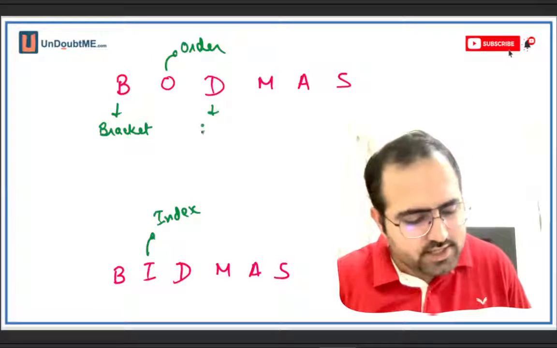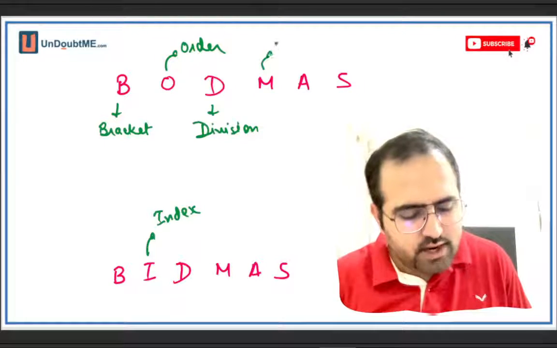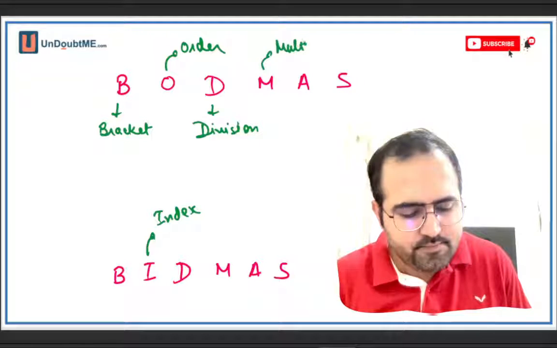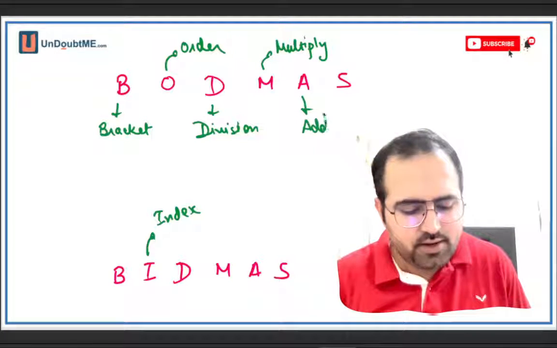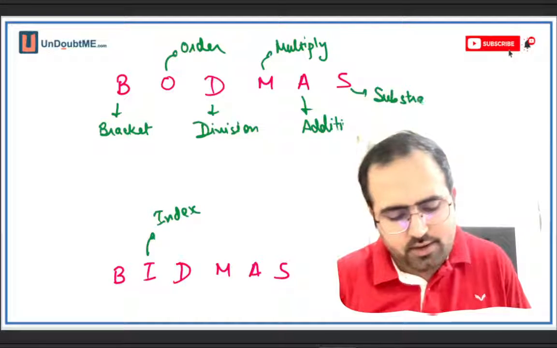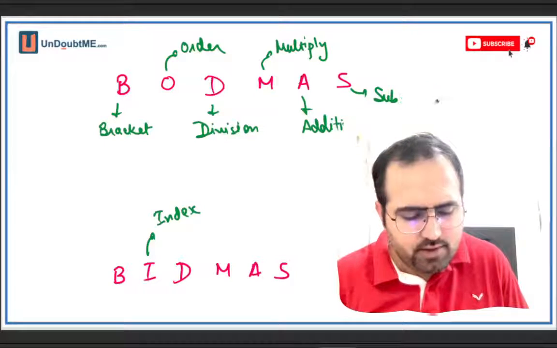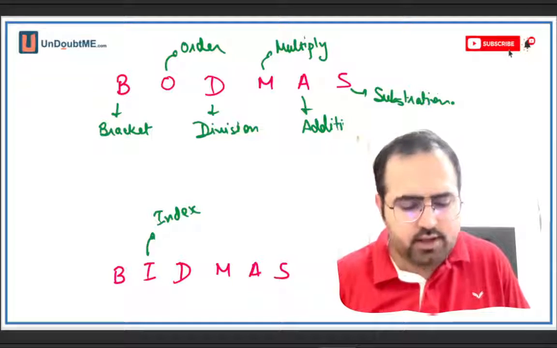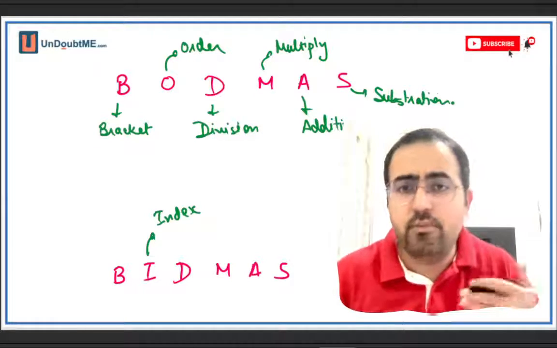D stands for division, M stands for multiplication, A stands for addition, and S stands for subtraction. Addition and subtraction are kind of similar, so they are one after the other in this order. So you have to remember this Bodmas or BIDMAS.